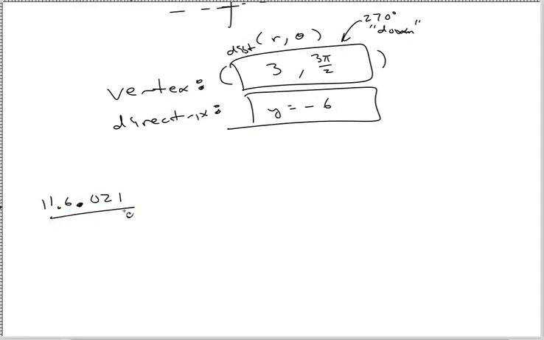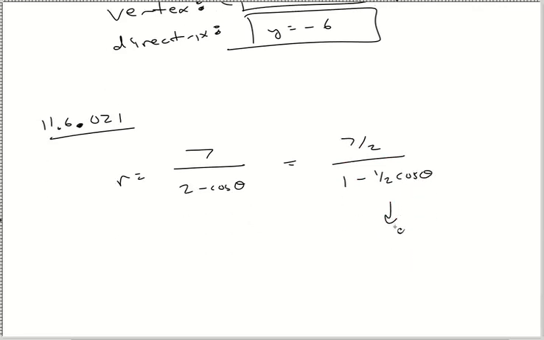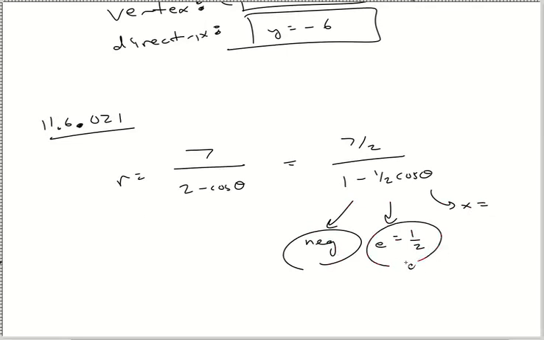Next problem: r is equal to 7 over 2 minus the cosine of theta. I do not like the fact that there's a 2 there, so I'm dividing everything by 2. And I see immediately e is equal to 1/2. I have a negative, and it's going to be an x equals.